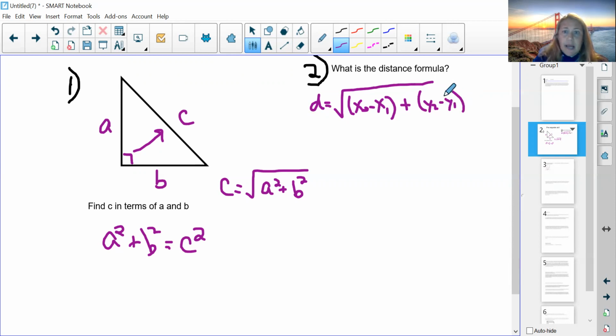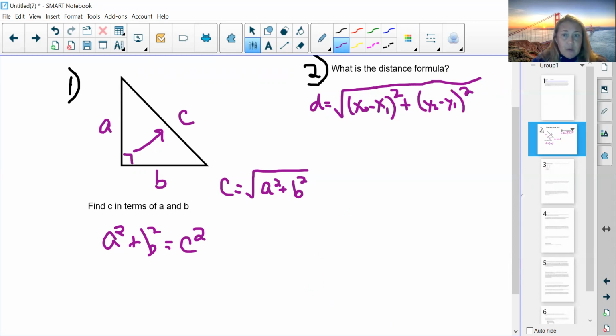Oh, and I'm sorry, I forgot my squared here. There should be a squared here. Make this long enough to cover the whole thing, and there's a squared here. So it's change in x squared plus change in y squared. All right, that's under the radical.